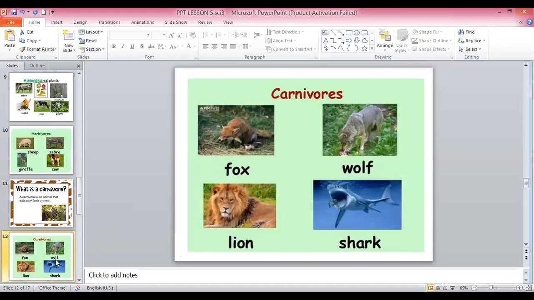Could be a fox, a lion, a wolf, or a shark. So carnivores are the ones who eat flesh or meat. Once they eat this kind of meaty food, we call them carnivores. The examples are a fox, a wolf, lions, and sharks. Isn't it easy and interesting?